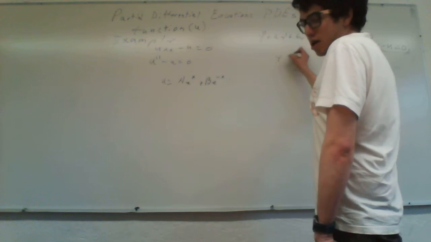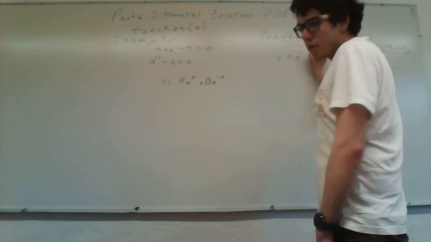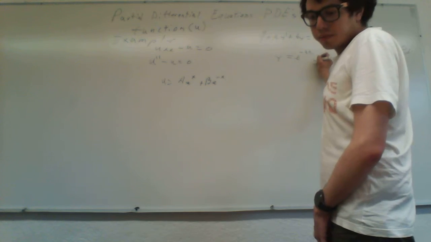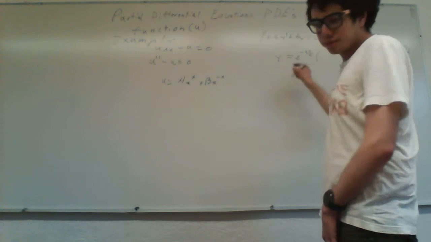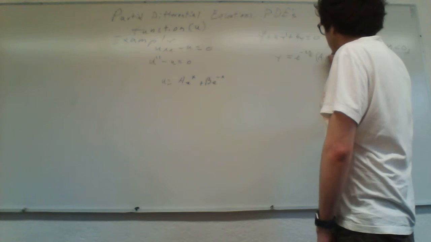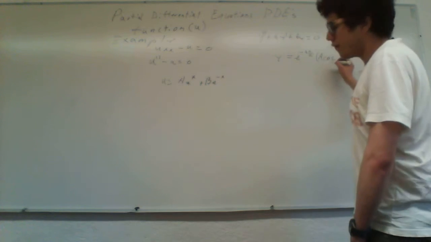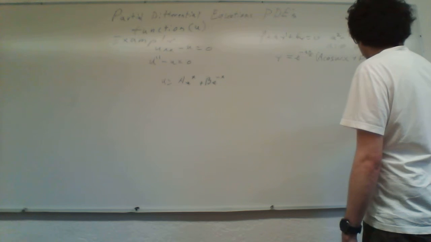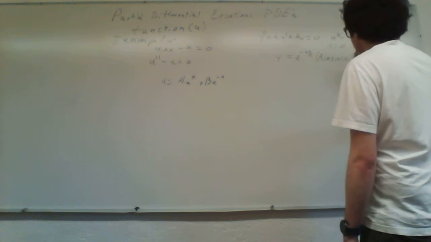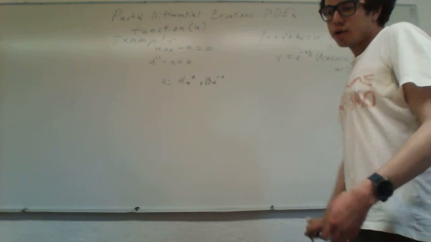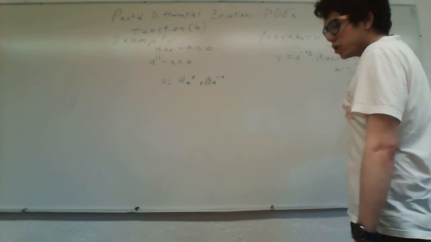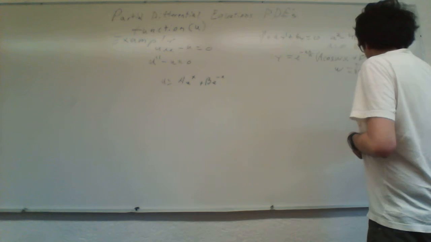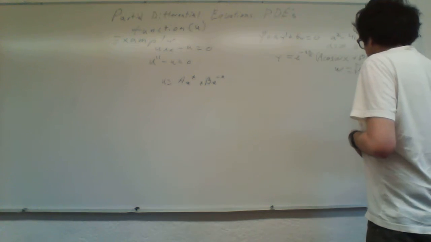So we are going to apply this case that says that y is equal to e to the power of minus ax over 2, times a cosine of omega x plus b sine of omega x, where omega is equal to the square root of b minus one fourth of a squared.